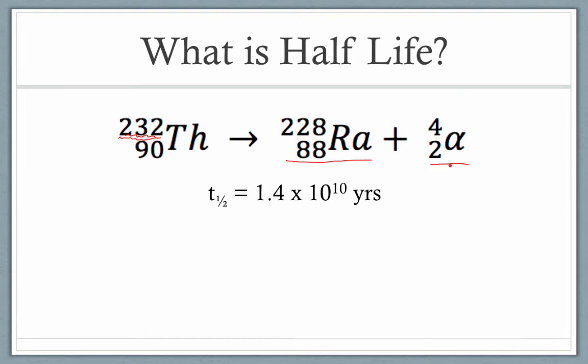And if you're not super duper hot with your scientific notation, this is basically 14 billion years, which means if we have a sample of thorium-232, say it's 100 grams of thorium-232, after 14 billion years, half of that thorium-232 will disappear. It'll change into radium-228 and give off its alpha radiation. So our 100 grams of thorium will now end up being 50 grams of thorium, and that process takes an extremely long period of time.